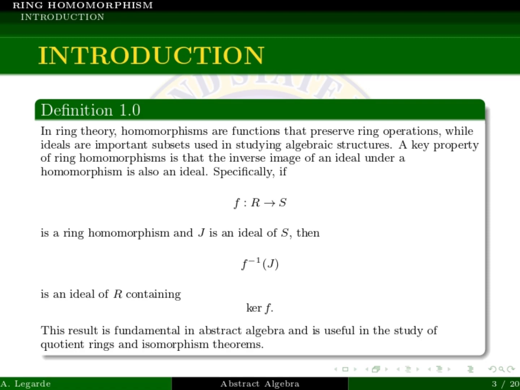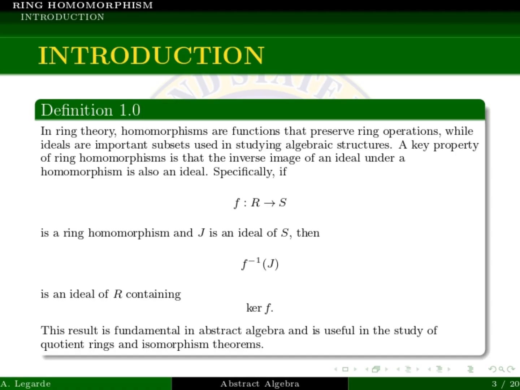In ring theory, homomorphisms are functions that preserve the operations of rings, specifically addition and multiplication. Ideals, on the other hand, are special subsets of rings that play an important role in constructing quotient rings and studying algebraic structures.